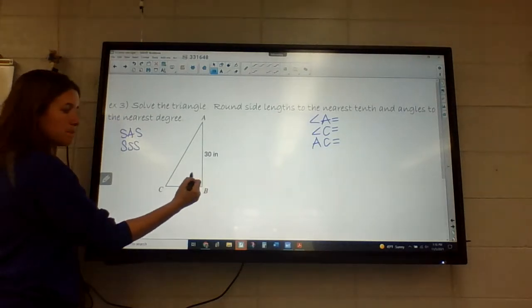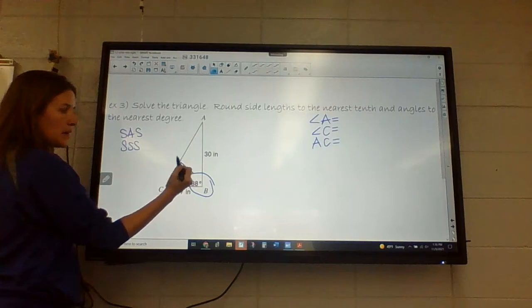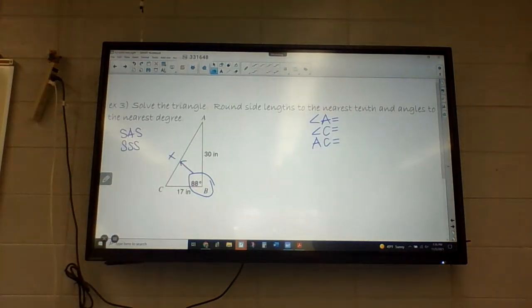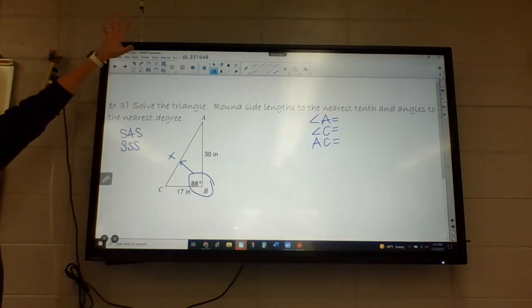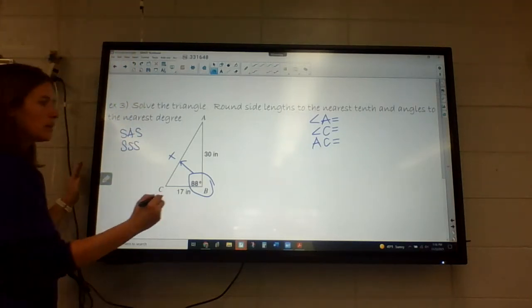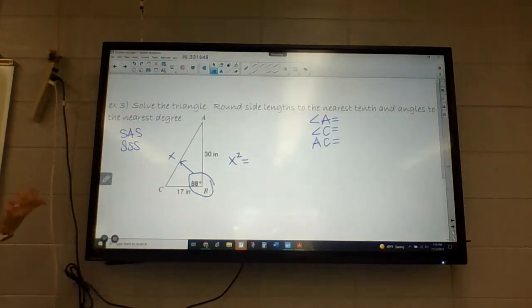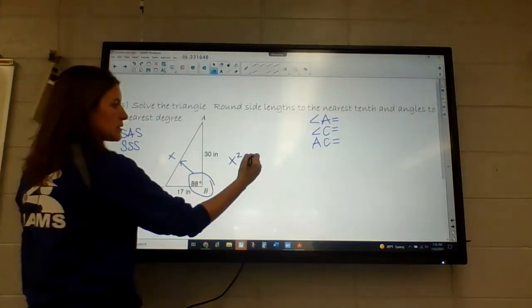Now this time it's B that we know. So I'm looking for this little side. I don't like using B as a variable because my B's always look like 6s. So I'm going to call it X instead. It's AC. So again, this is one like the one we did first, where this is my X squared. This is the easier of the two versions of law of cosines.